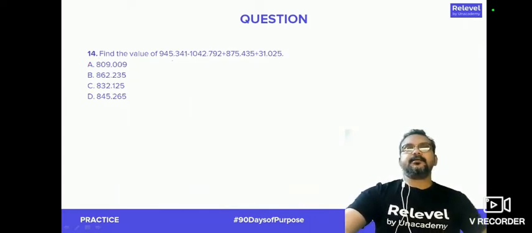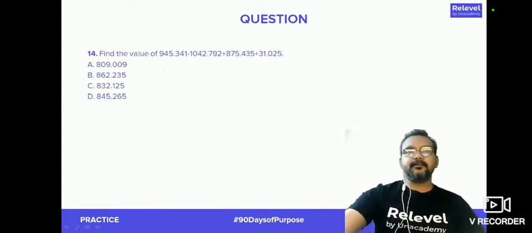Now it's a pure addition subtraction question. And here, look at the answer choices, they are pretty far off: 809, 862, 832, 845. So you can quickly take an approximation and calculate, ignoring the decimals. So it's 945 minus 1042, 975, that's 31.